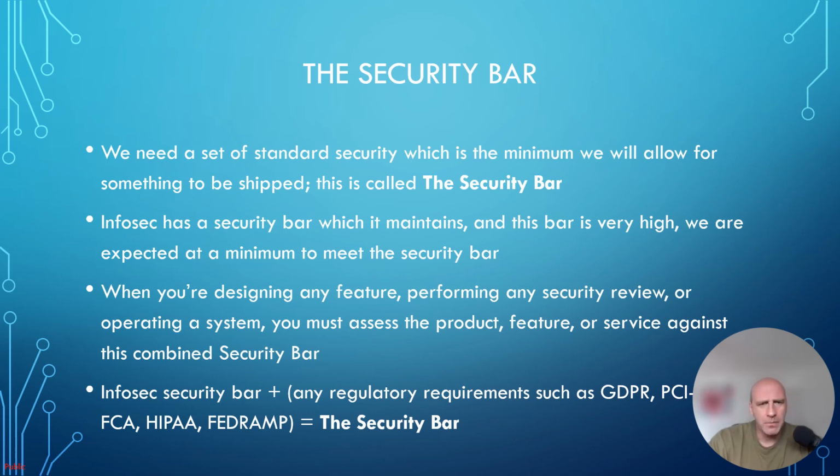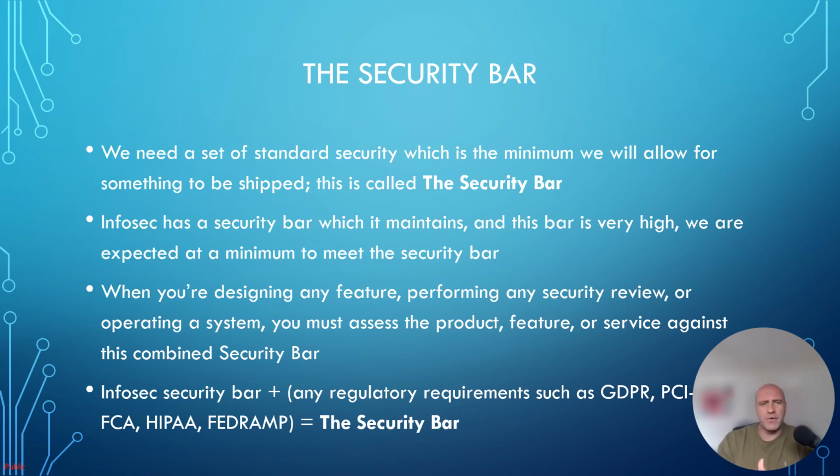So when developers are designing any feature, performing any security review, or operating a system, they must assess the product, the feature, or the service against the combined security bar. So how do we build this combined security bar? We take the information security bar and add any regulatory or compliance requirements, depending on where your organization is operating.